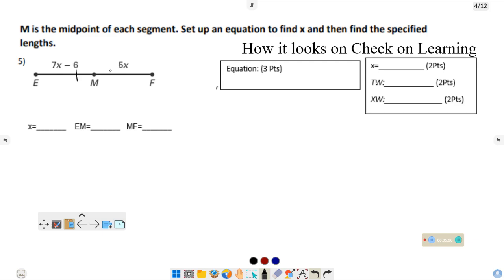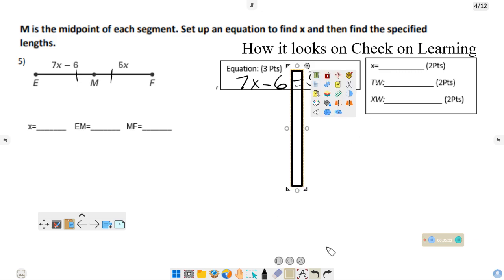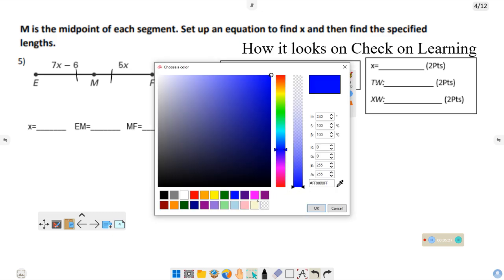So if these are the same, now, so that's kind of how that will roll on the Check on Learning today. This is probably also how it will be on the test. Now, as far as the test, I'm trying to figure out how all that's going to work.